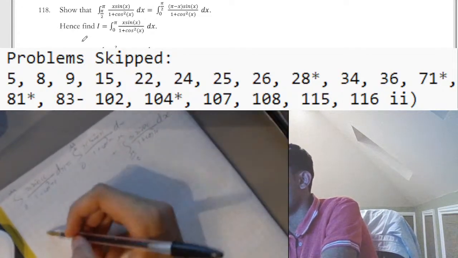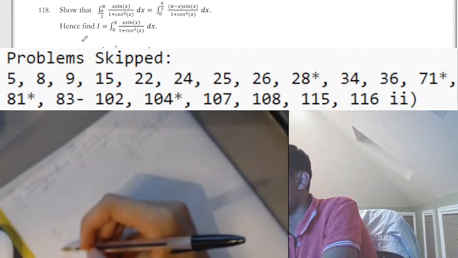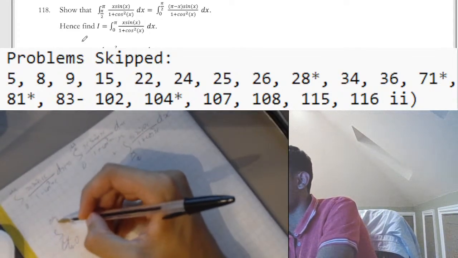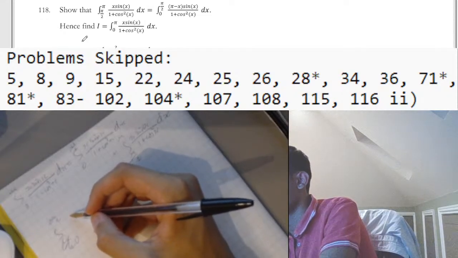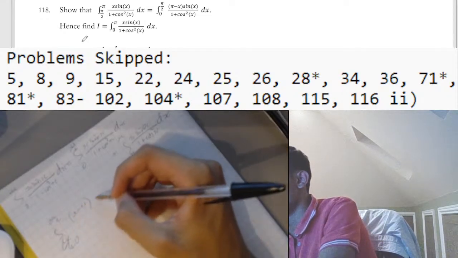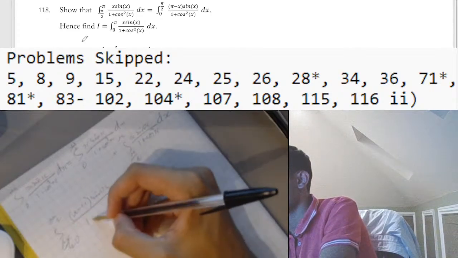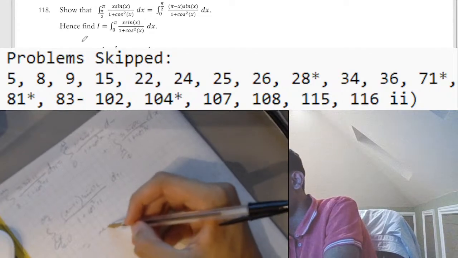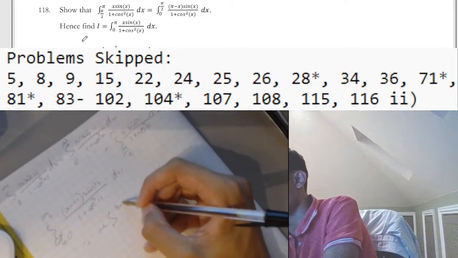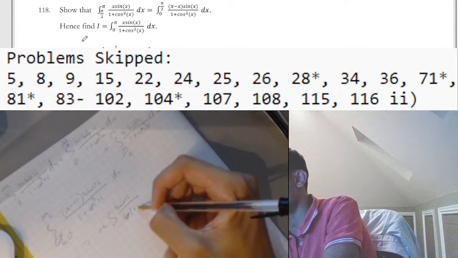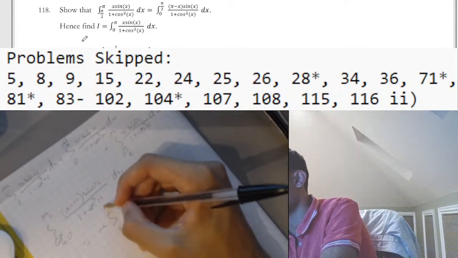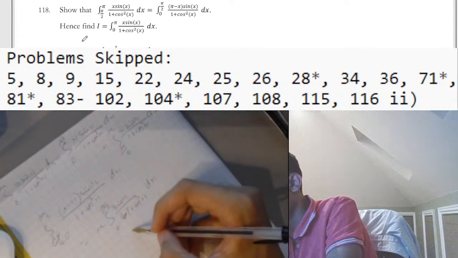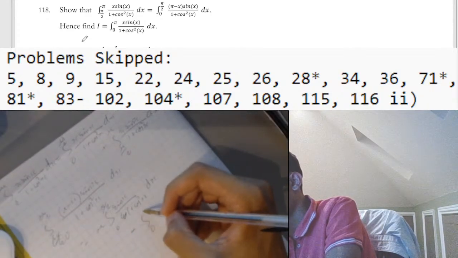And I can write the first one in terms of this, which is pi sine x over 1 plus cos squared x, minus this thing.